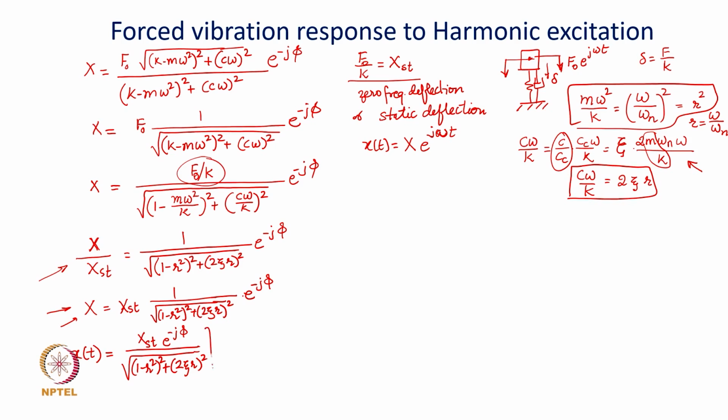This is my capital X. E to the power j omega t is basically the harmonic function. So, this is its amplitude and that is the harmonic time function.